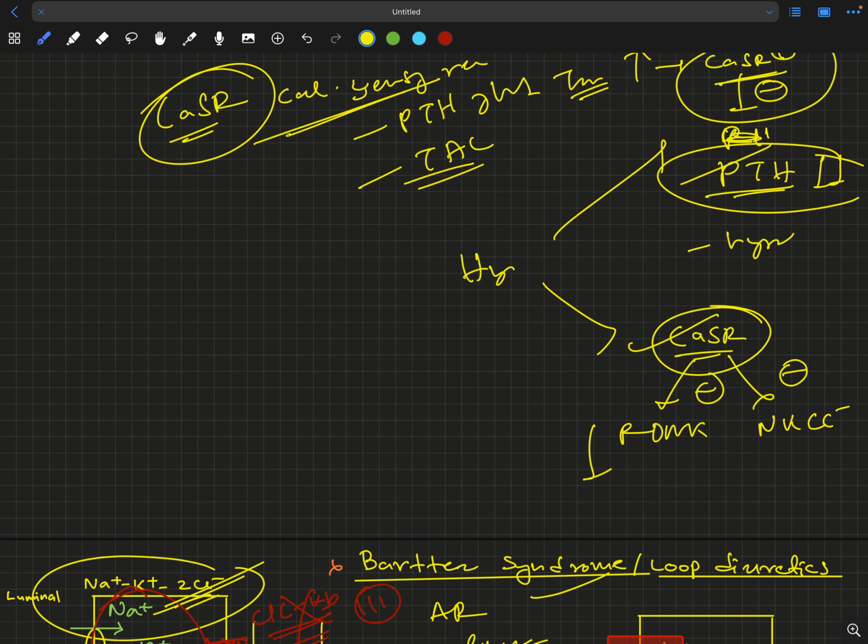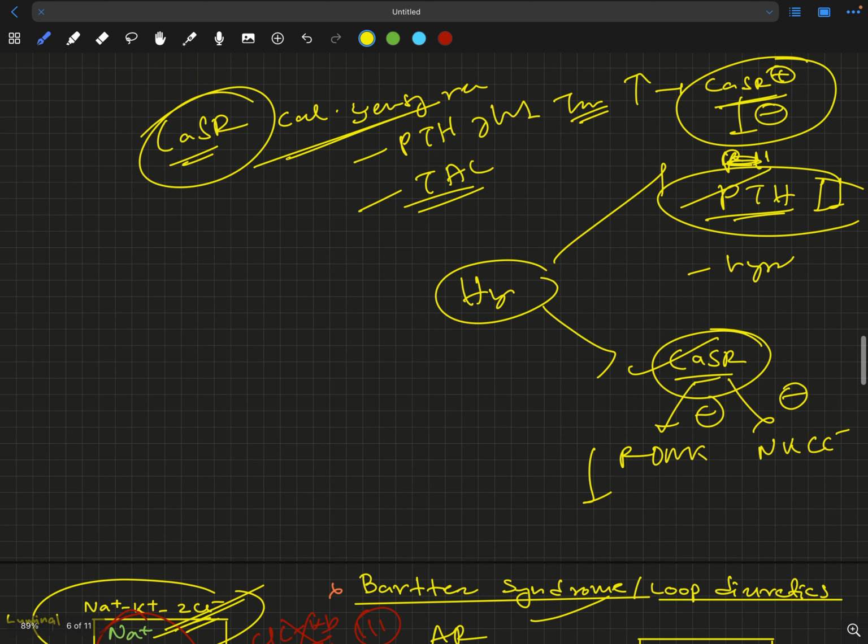So if there is gain of function mutation of CaSR, that will lead to hypocalcemia, because if this is a gain of function mutation, CaSR acts more aggressively, so it will inhibit PTH more. That will lead to hypocalcemia, and it will inhibit ROMK more, and that will lead to hypercalciuria.